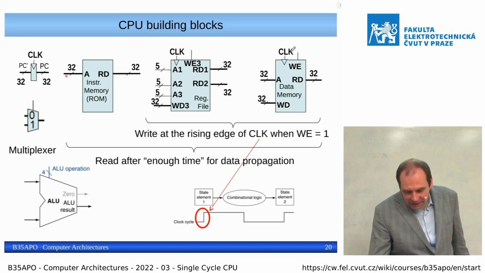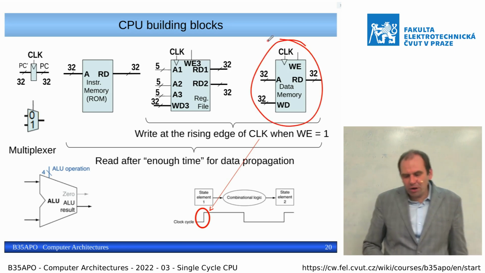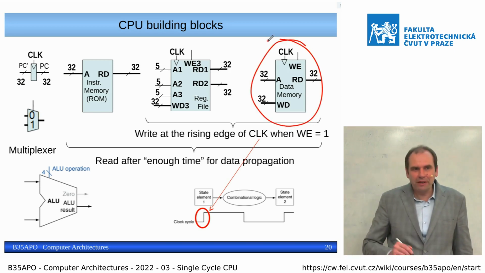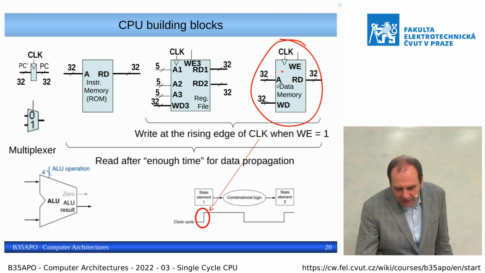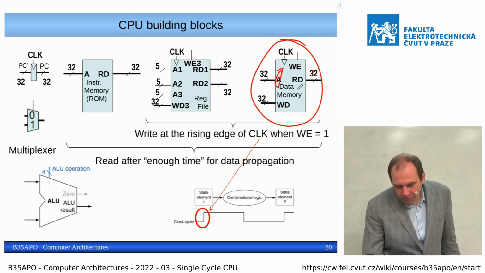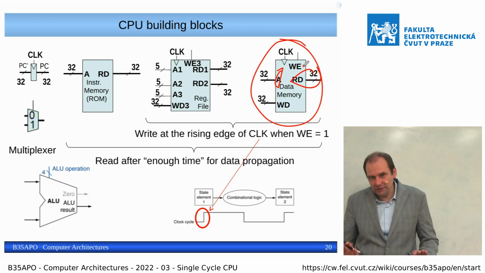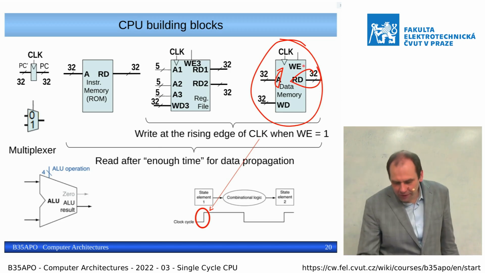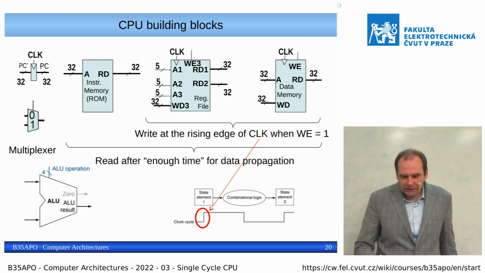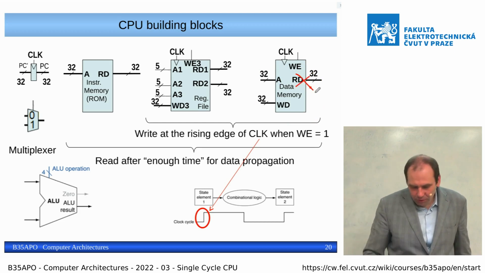For the data memory, it is more complex. When we want to read it, we provide the address, and on the output, we have the data. That is easy. But at the moment when we want to write data to the memory, we do not need a read port.